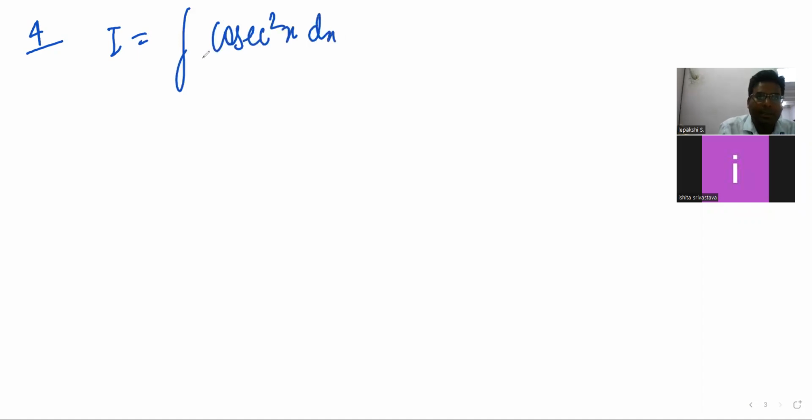Now see the fourth sum. The fourth sum is I equal to integration of cosec square x into dx divided by (1 plus cot x). So you have to put the denominator.